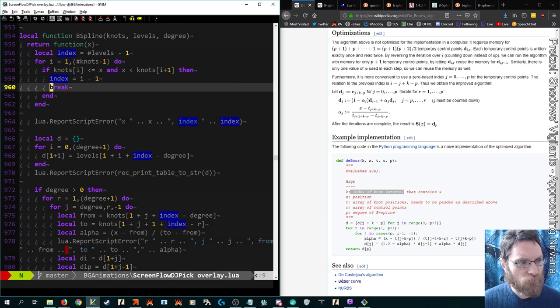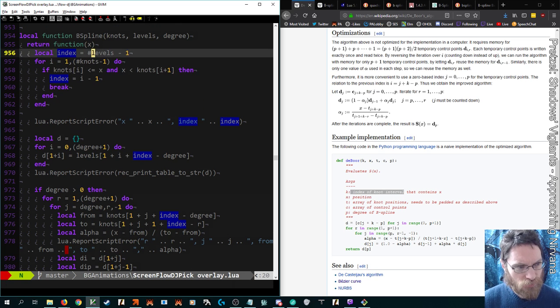So if this fails, it should just be... Oh, right. Well, I mean, it should be the last valid index, but that should be minus degree, which puts us back to minus 1, which wasn't working.